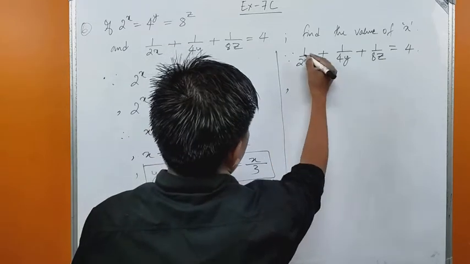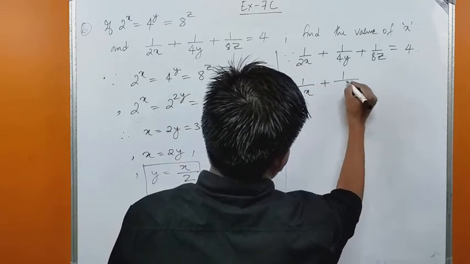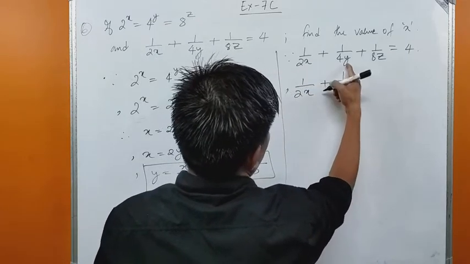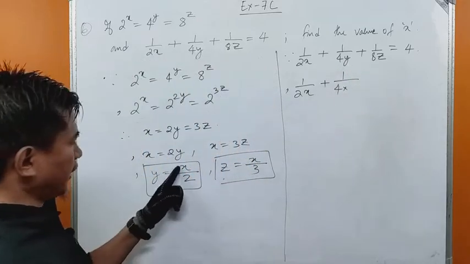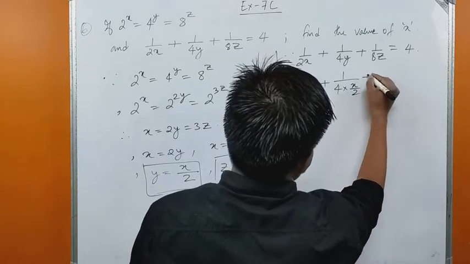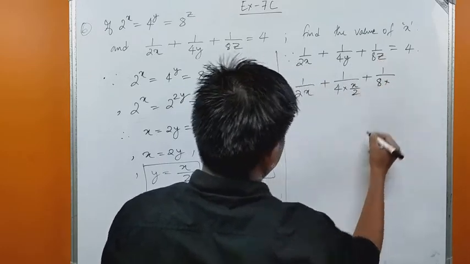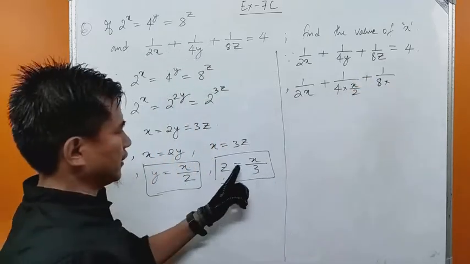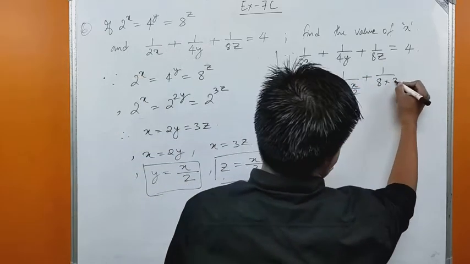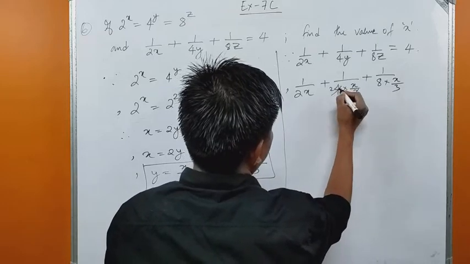So 1 by 2x, we write as it is, plus 1 by 4 into y, where instead of y we put x by 2, plus 1 by 8 into z, where z means x by 3.